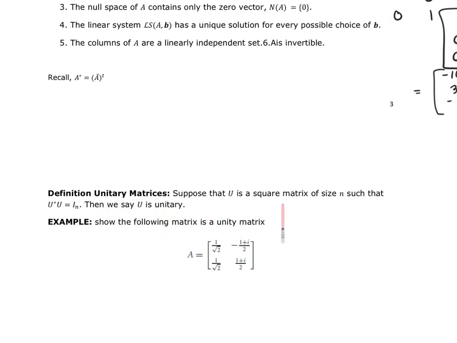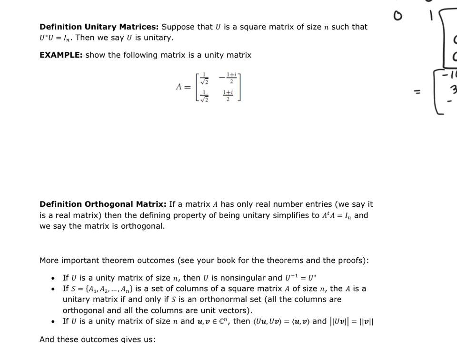Suppose U is a square matrix of size n such that my adjoint U multiplied by U is the identity matrix, and we say U is a unitary matrix. Also, what we get from this, and then I'm going to come back to my example here, is that if A has only real number entries, we say it is a real matrix, and then the defining property is that it is an orthogonal matrix.